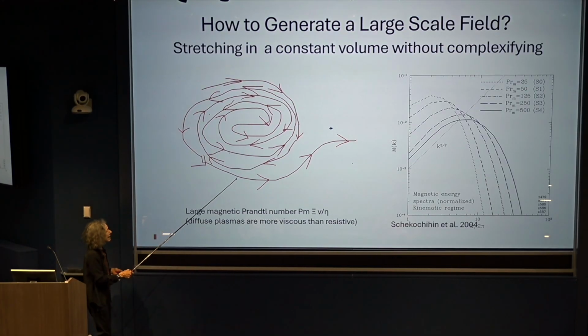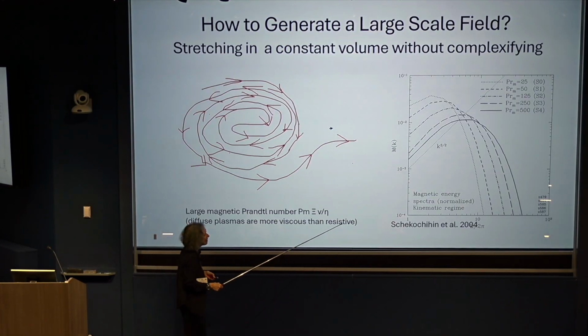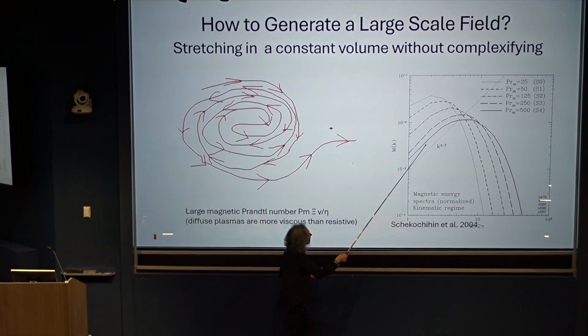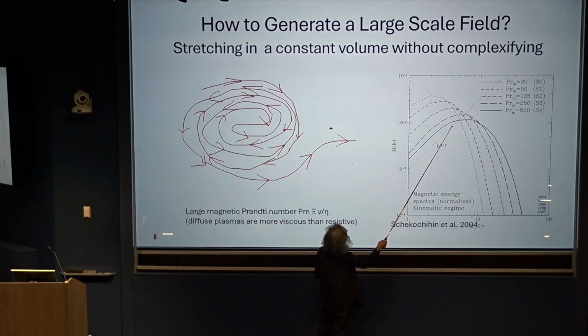This is a particularly acute problem in diffuse plasmas that have a large magnetic Prandtl number, that are much more conductive than they are resistive. What typically happens is that you get a magnetic spectrum that looks like this. It's peaked, so most of the magnetic power is at a relatively small scale.